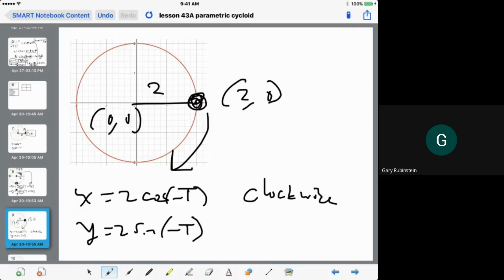And this is because when you put in 0, it still does the 0 point, but when you put in like 30 degrees, it does cosine negative 30, sine negative 30, which is going to be a point over here. So as the t gets bigger, the point that it's graphing is negative 30 degrees. And that's how we make it go clockwise.